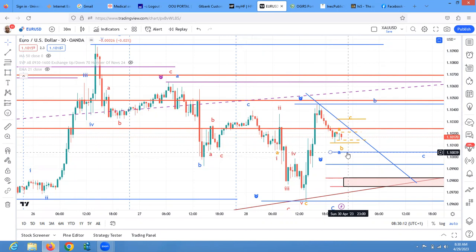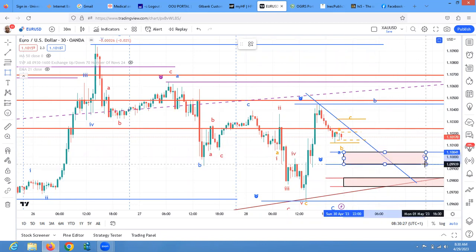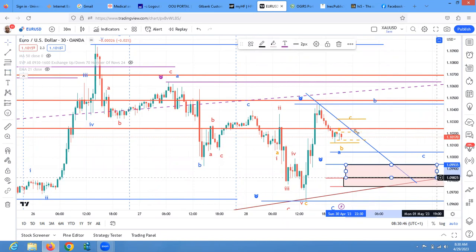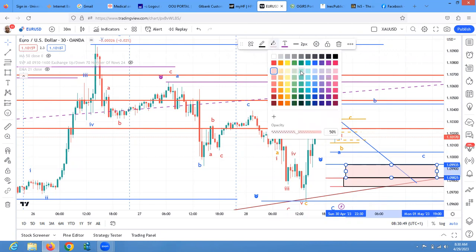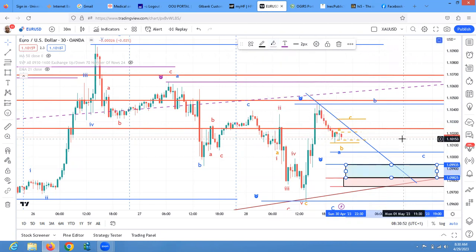Between the 50 and a 76. In fact, I won't even use that place as a blue box, because if it's going to be a wave 2, I'd rather use between a 61.8 and a 76.4 down here as a potential blue box area for more upside.